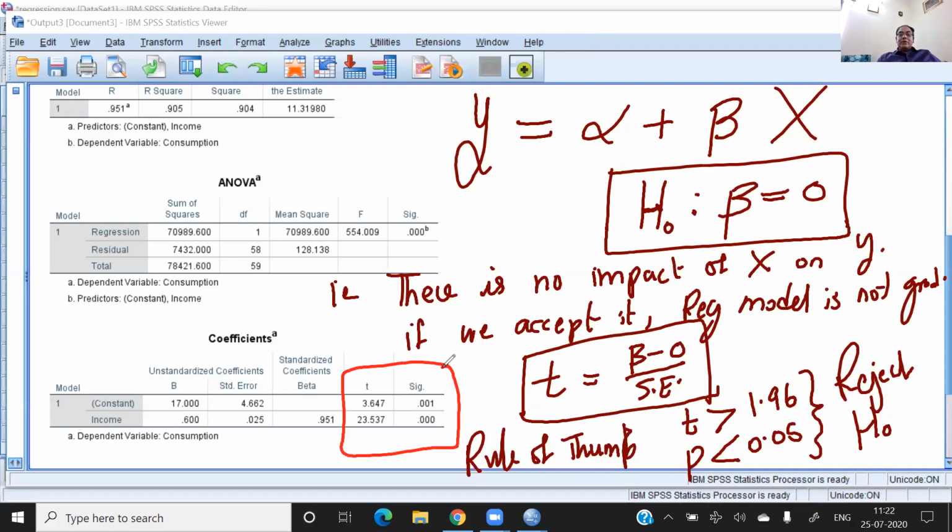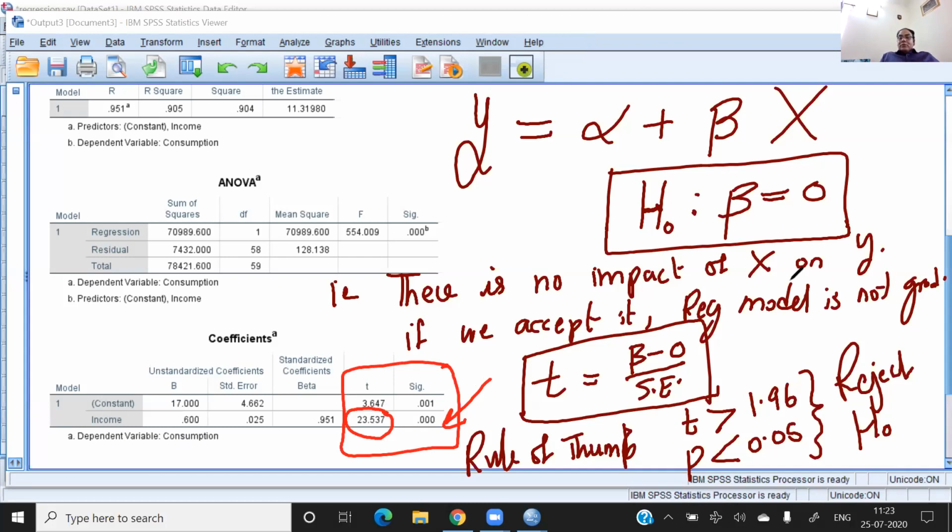You need to analyze this portion very carefully, because this probability value should be less than 0.05 and this t statistic should be greater than 1.96. Then you can say that income is having a significant effect on the consumption. So this is the meaning of t statistic and significance value.